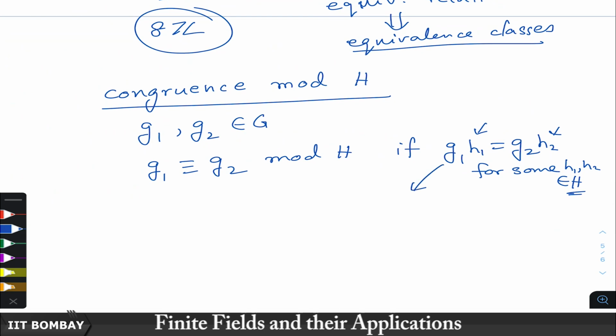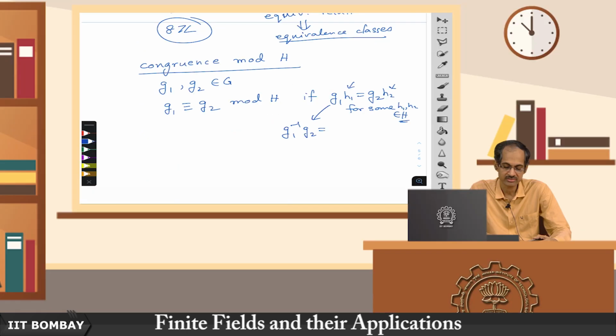Now, there is another way to look at it. If this happens, and this is in fact if and only if, you multiply by g1 inverse on both sides from left, and then by h2 inverse from right, then you get h1h2 inverse, and this is in H, because both of them are in H.